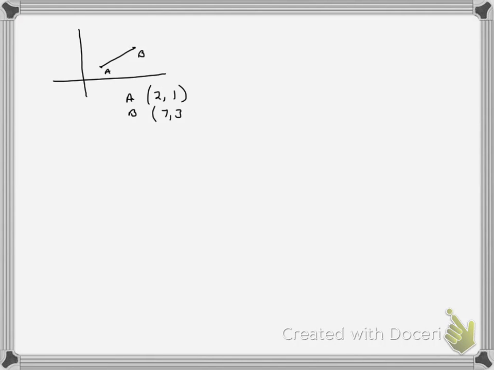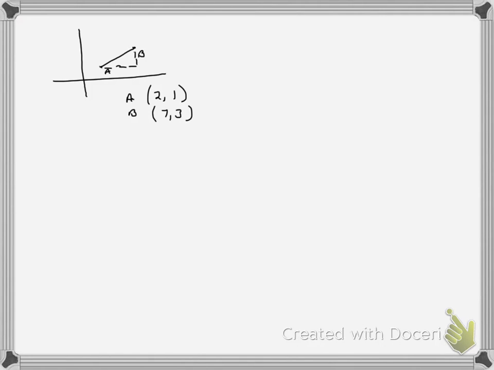Here I have 2 points, and I identify them with their ordered pairs down below the axis. And I'm asking, what is the slope of that line that's represented by the segment AB? Well, A is 2, 1 as its values, and if we wanted to know the change in the y, we could go, well, the change in the x would be that, and the change in the y would be that.